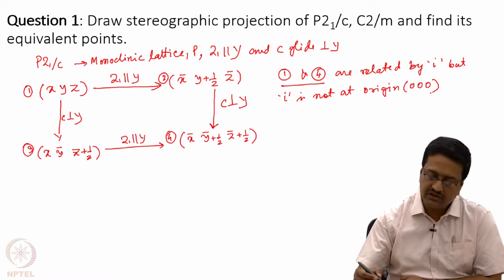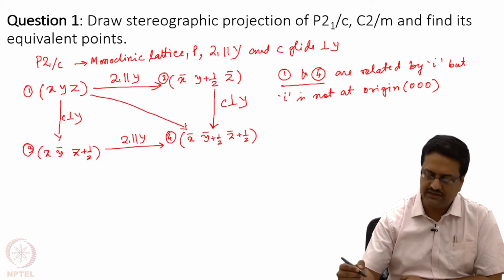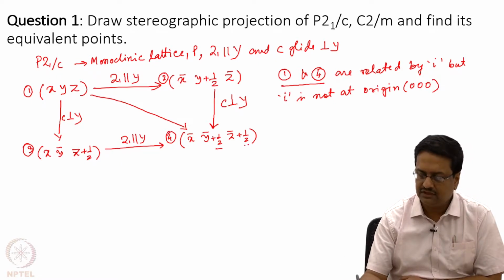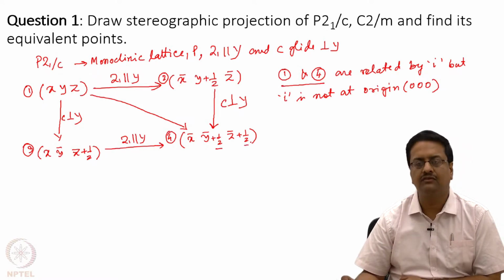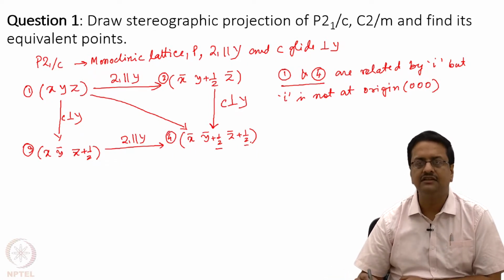Where should we shift the origin? We need to look at these 2 points and see that there is a component of half translation along y and z which prevents these 2 points from becoming inversion related at the origin.